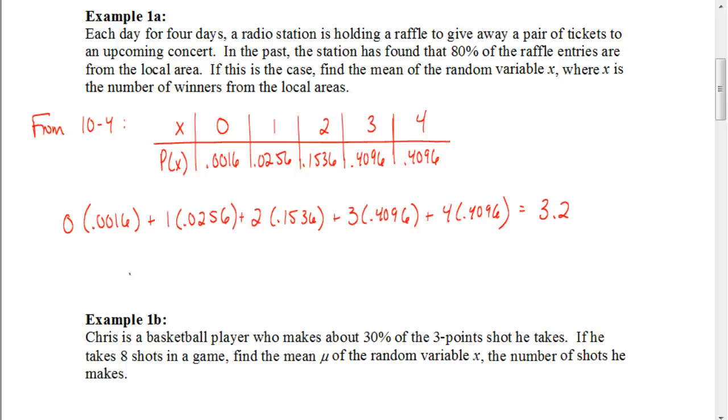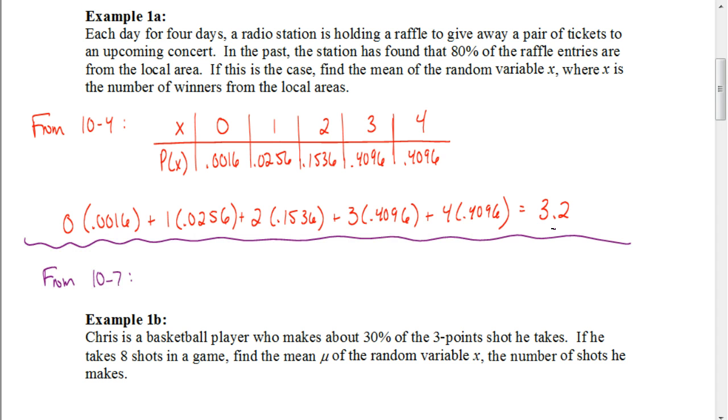That gives you 0.0016. And then to find the next one, we would take 4 choose 1 times 0.8 to the 1st power times 0.2 cubed, and so on. And we would get those numbers in the table. Then we'd have to go through this process of taking 0 times its probability, plus 1 times its probability, plus 2 times its probability, and so on. And when you get that sum, you end up getting a total of 3.2.